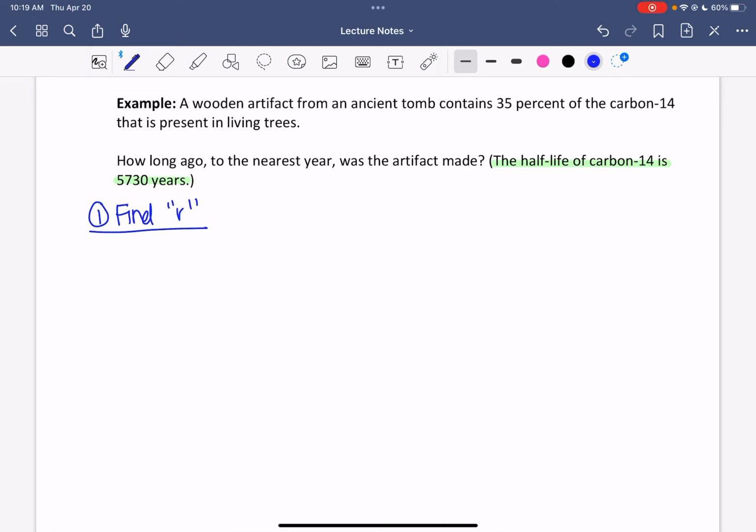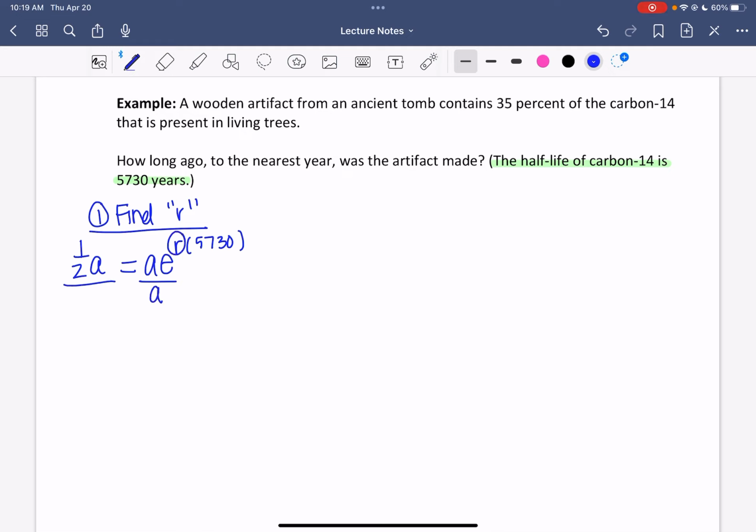Now this one's a little tricky because you'll notice we don't have a starting value. We just know what was left when we looked at the artifact. And so even though the initial amount is not given, we can still find our r, because we know that it's a e to the r t, and this is after 5,730 years, and that half of it is left. So half of whatever my initial value would be is left. And I'm not concerned that I don't have that initial starting value, because my goal is to solve for r.